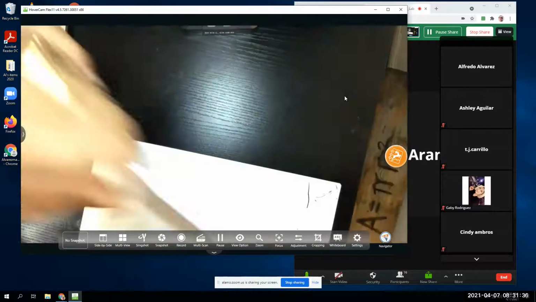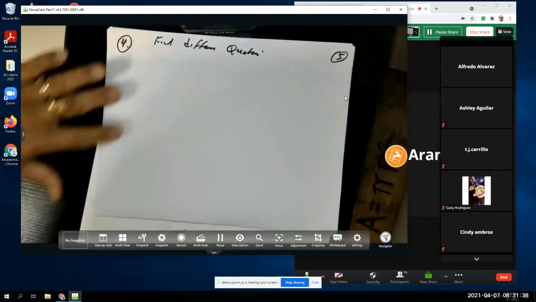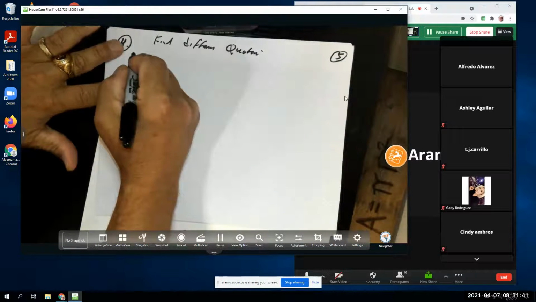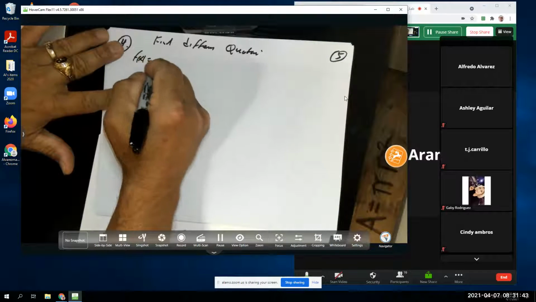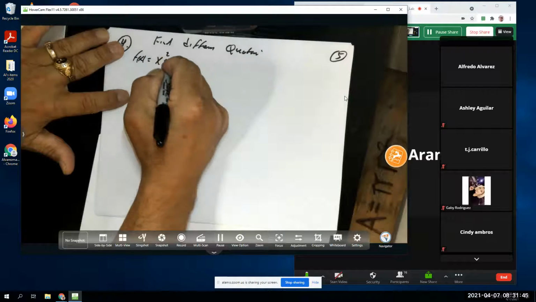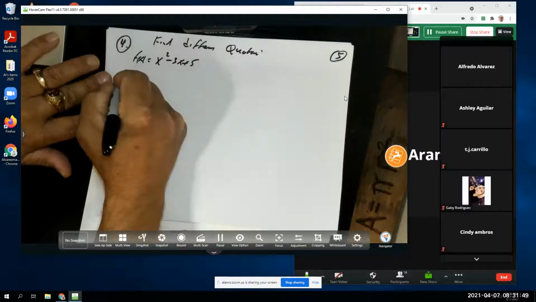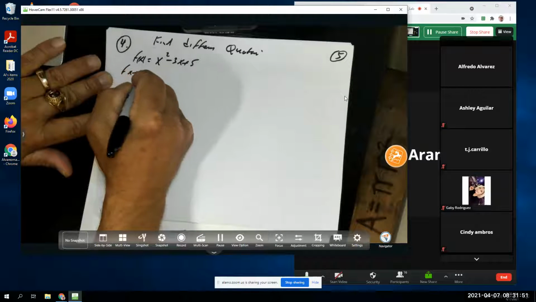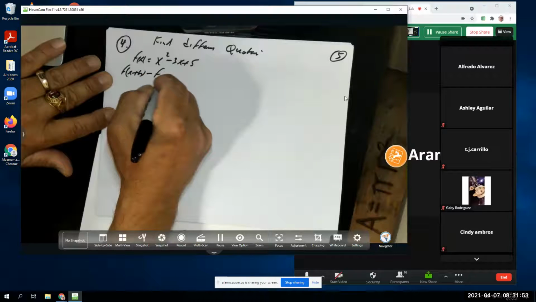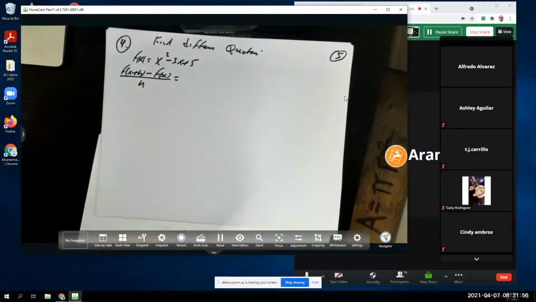Okay, that's like a big old long torture problem. It says this. F of x is x squared minus 3x plus 5. It says this formula right here, f of x plus h minus f of x all over h. There it is.